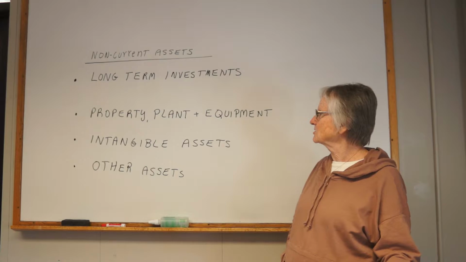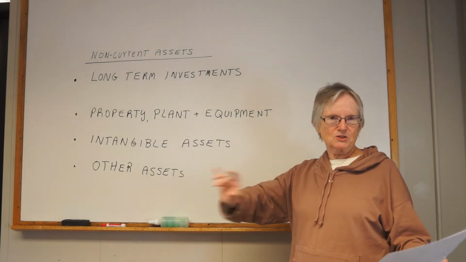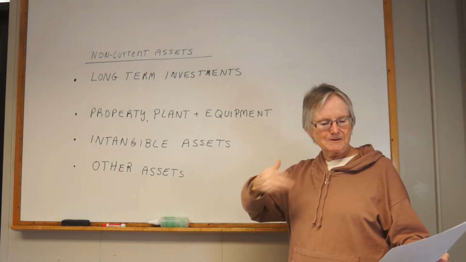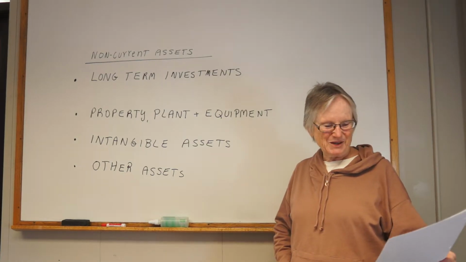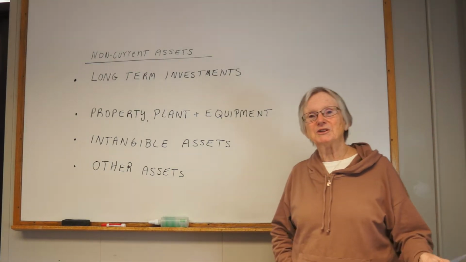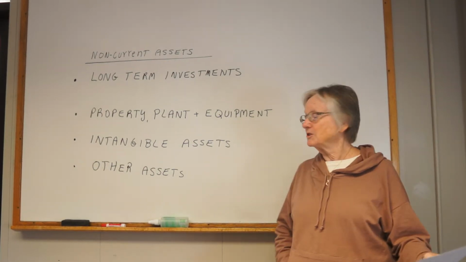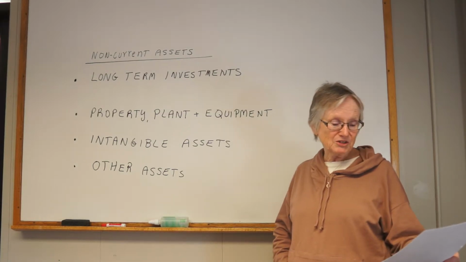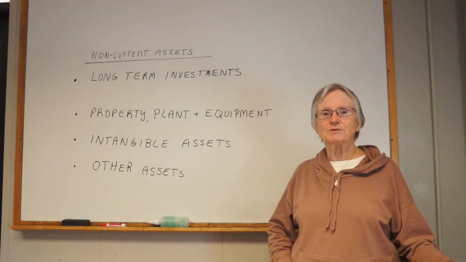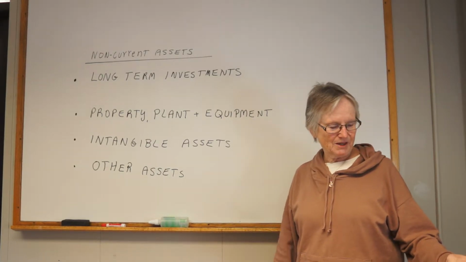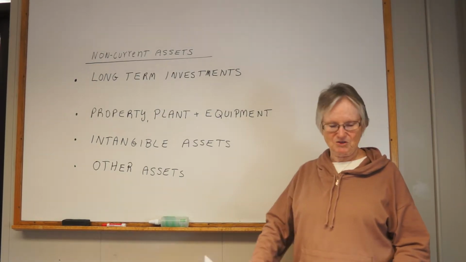For your homework, I like to see buildings less the accumulated depreciation that goes with it, and natural resources less the accumulated depletion that goes with that, just so that you're clear that we know what we're doing here. But in the real world, sometimes it would be reported as the cost less the accumulated depreciation or the accumulated depletion, and then there would be significant schedules showing how that number was arrived at. You have to disclose any liens. If anybody has any claims against these, that has to be disclosed.